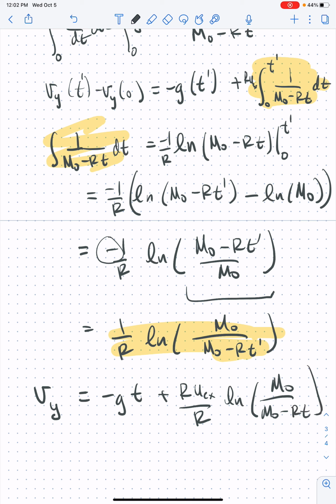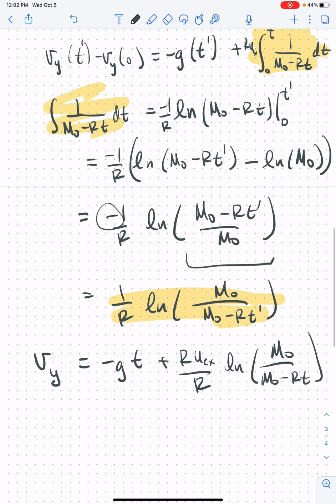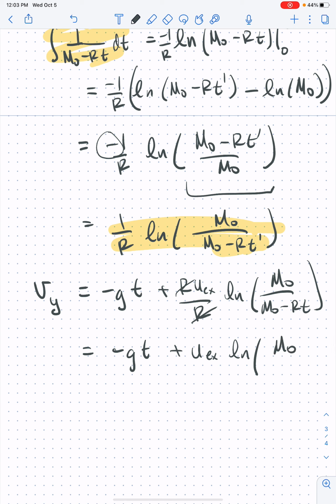I've now dropped all my primes and made them back into just t's. So we've got negative gt plus u expelled log of m naught over (m naught minus r t), as we said in class. Okie doke.